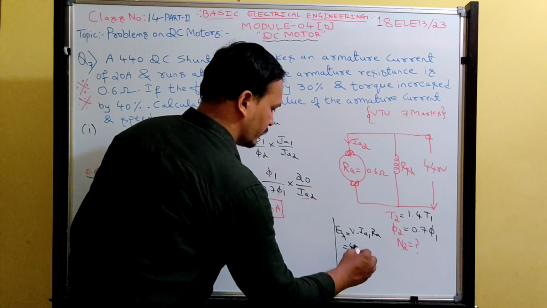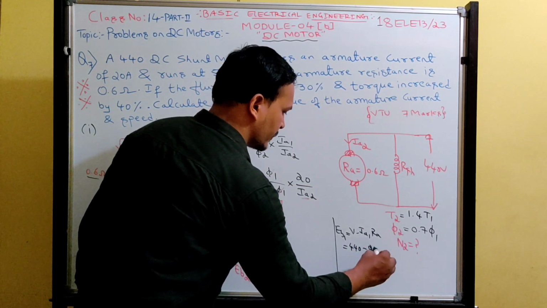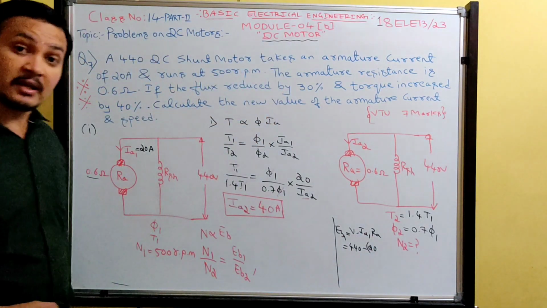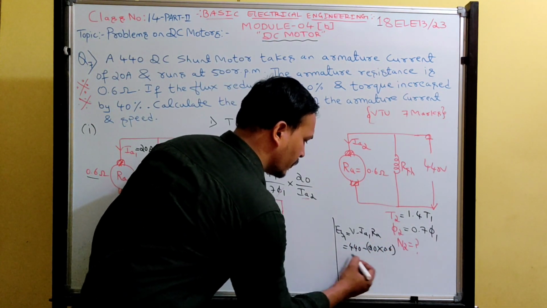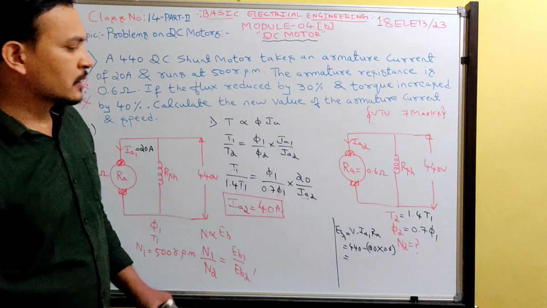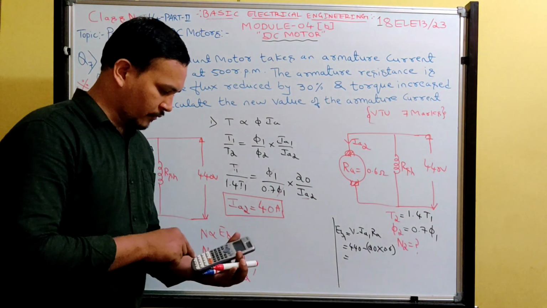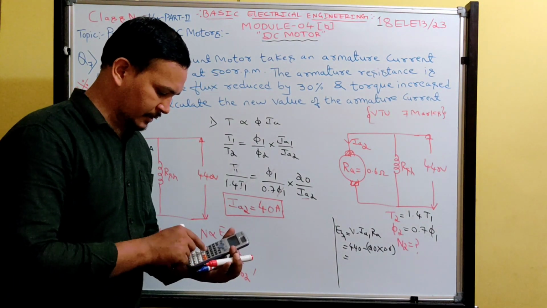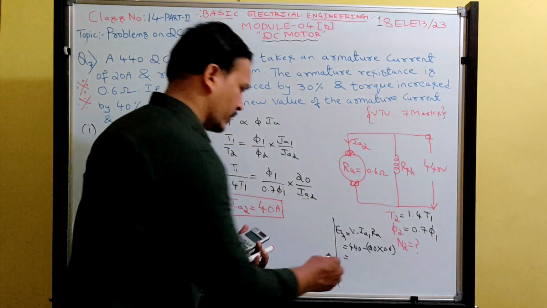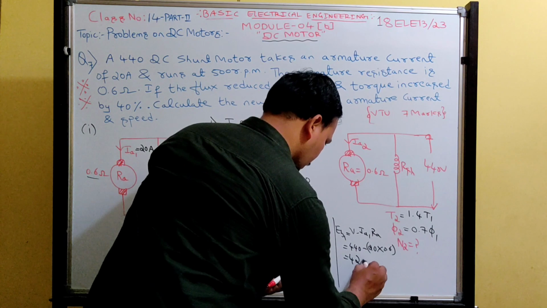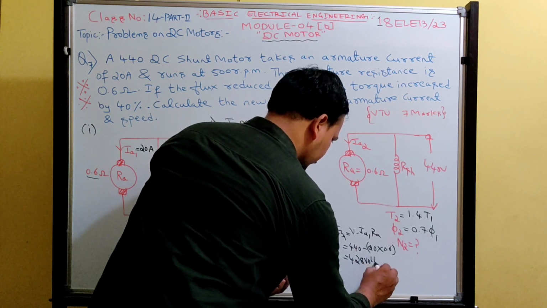What is V? 440 minus the armature current in the first case, 20 ampere, multiplied by armature resistance 0.6. So 440 minus 20 into 0.6. Yes, I am getting what you got, that is 428 volts.